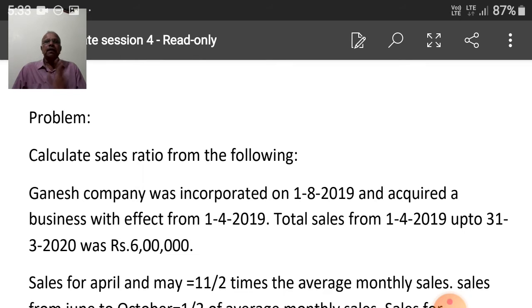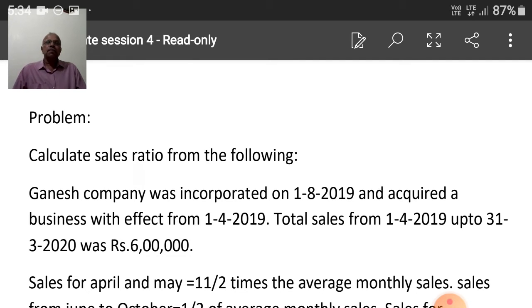That is the pre-incorporation period and post-incorporation period. The business was acquired on April 1st 2019 but incorporated on 1/8/2019, so April, May, June, July, that is 1/8 or 31st July is the same.